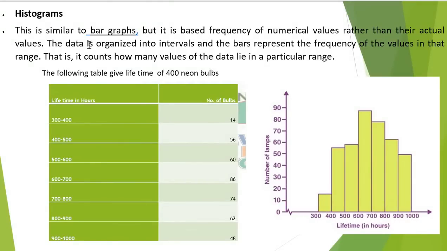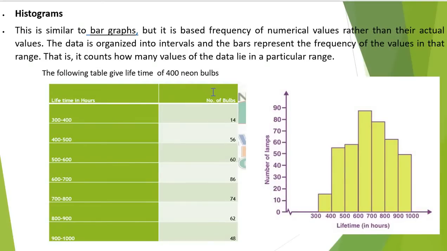This is similar to bar graphs, but is based upon the frequency of numerical values rather than the actual values. The data is organized into intervals and the bars represent the frequency of the values in that range. That is, it counts how many values of the data lie in a particular range.